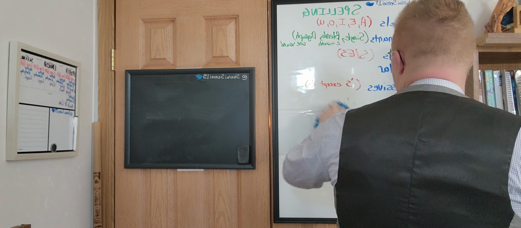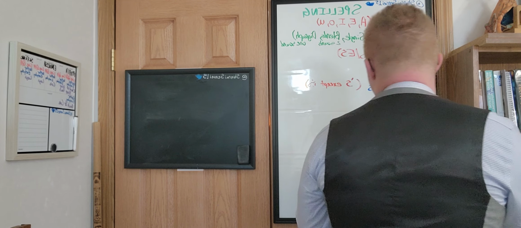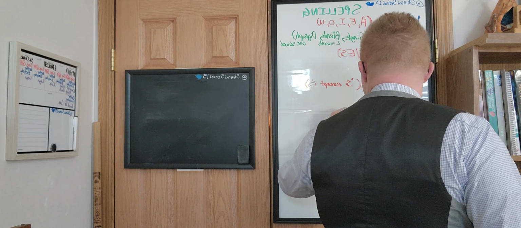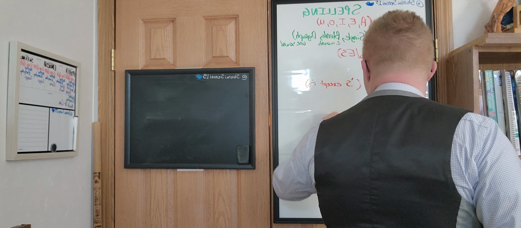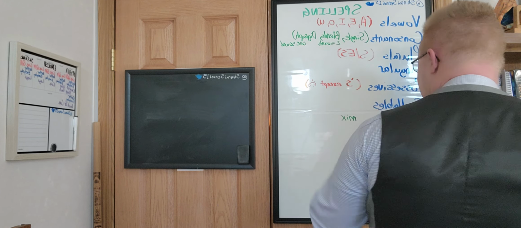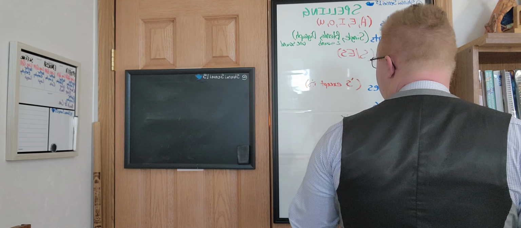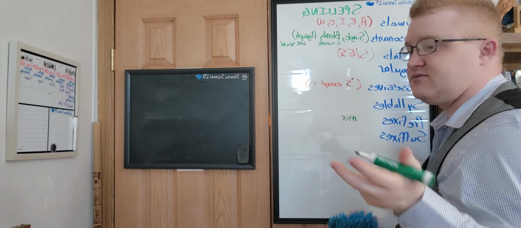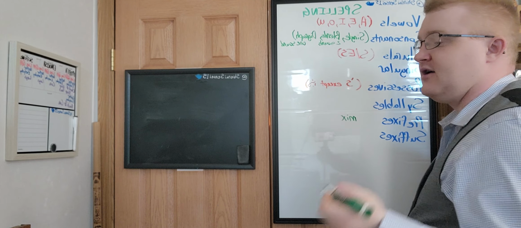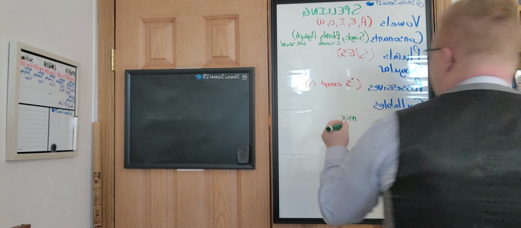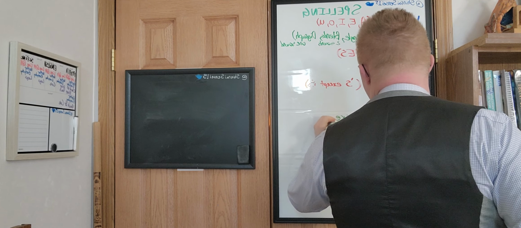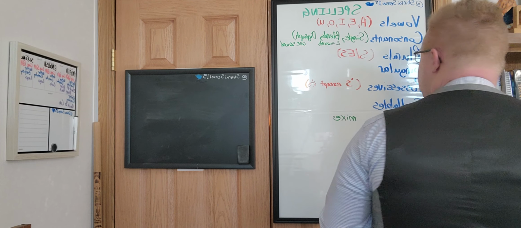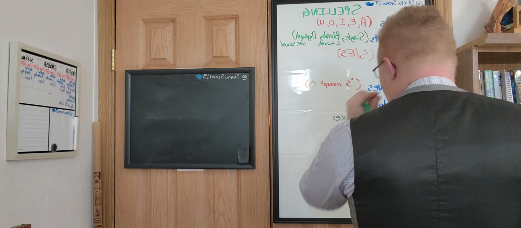X. X is a big one. So if I have, let's say, one mix of candy or mix of hot chocolate or something like that, if I have them get two, now it's mixes, which is also an action.